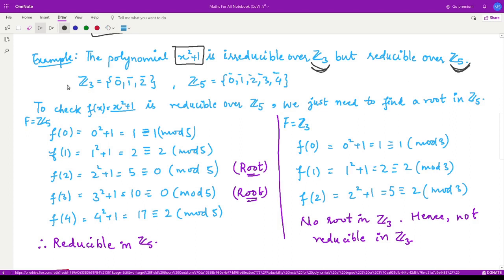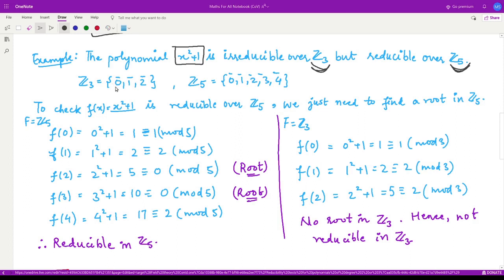So now the field Z3 contains the elements 0 bar, 1 bar and 2 bar, where these are the equivalence classes, and Z5 contains the elements 0, 1, 2, 3 and 4 as the equivalence classes, right?